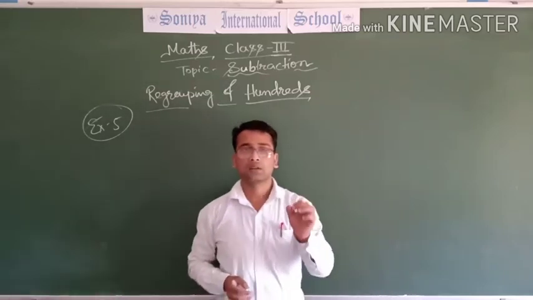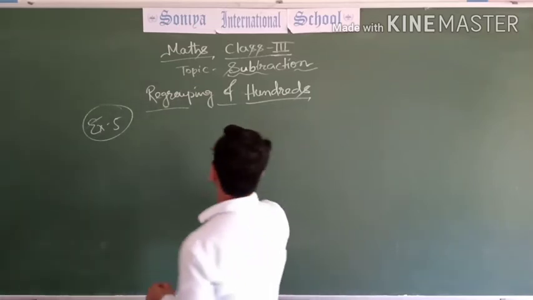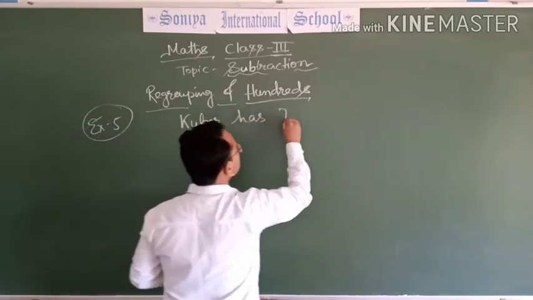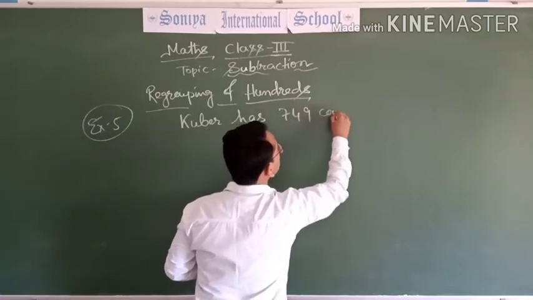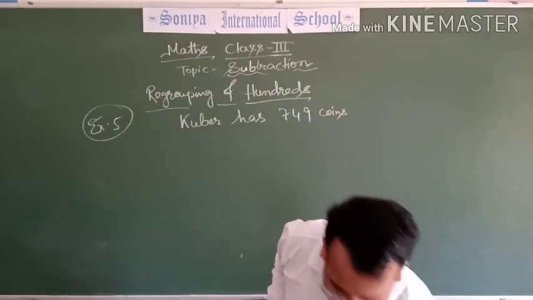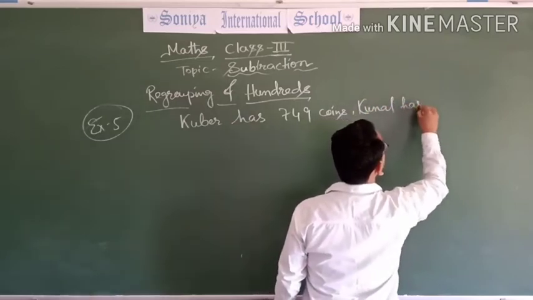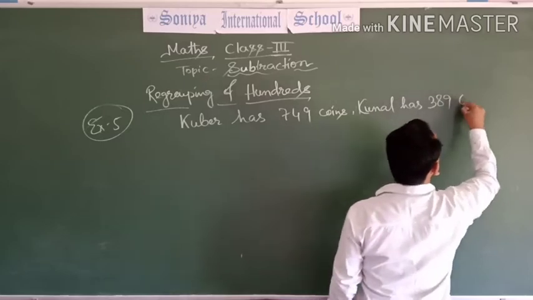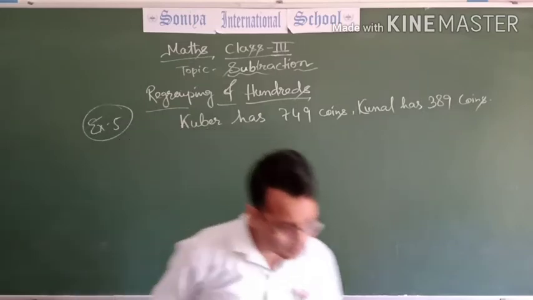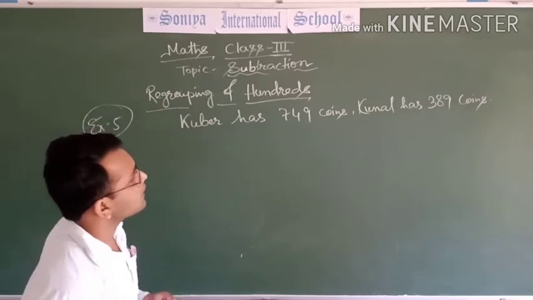So first, Kuber has 749 coins, and Kunal has 389 coins.